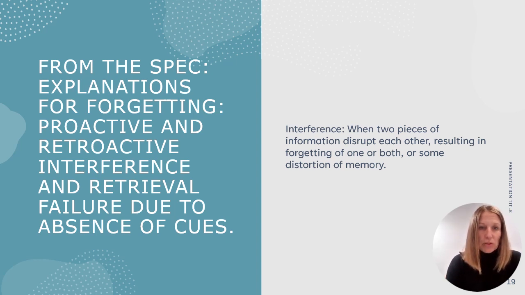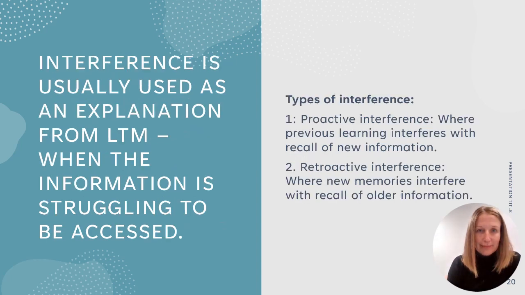So we're going to go on to explanations for forgetting: proactive and retroactive interference, and retrieval failure due to the absence of cues. Interference is when two pieces of information disrupt each other, resulting in forgetting of one or both of them, or some distortion of memory.